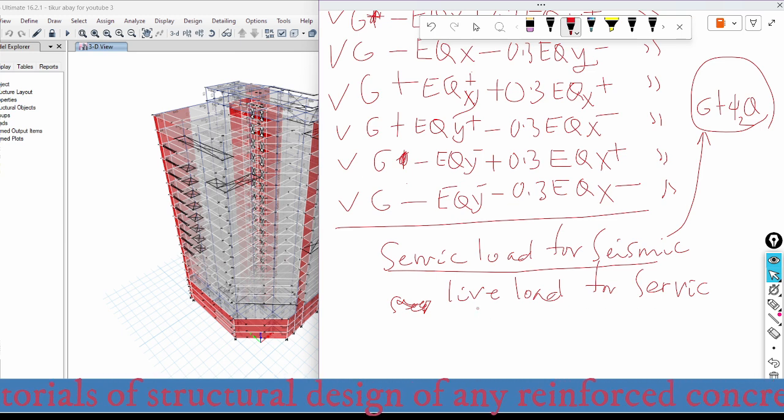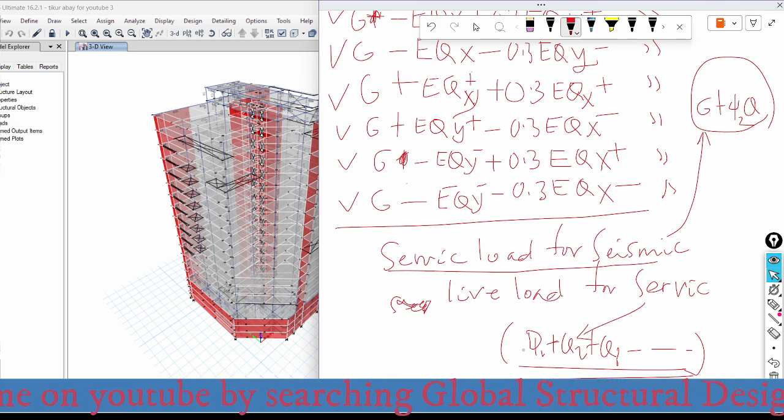And the live load for service means just the live loads are collected together, that is Q1 plus Q2 plus Q7 etc. That is all the variable loads are collected together and defined as a load case, which is called the live load for service.